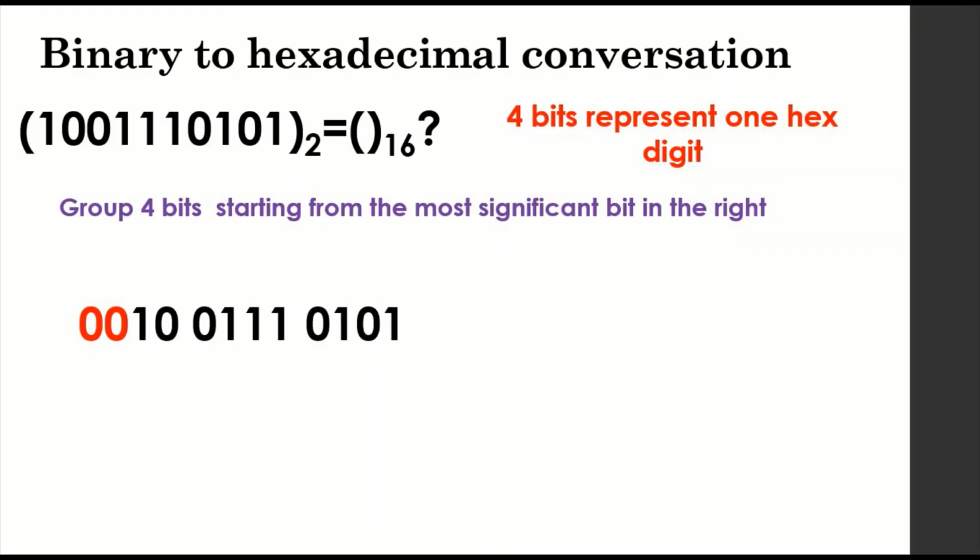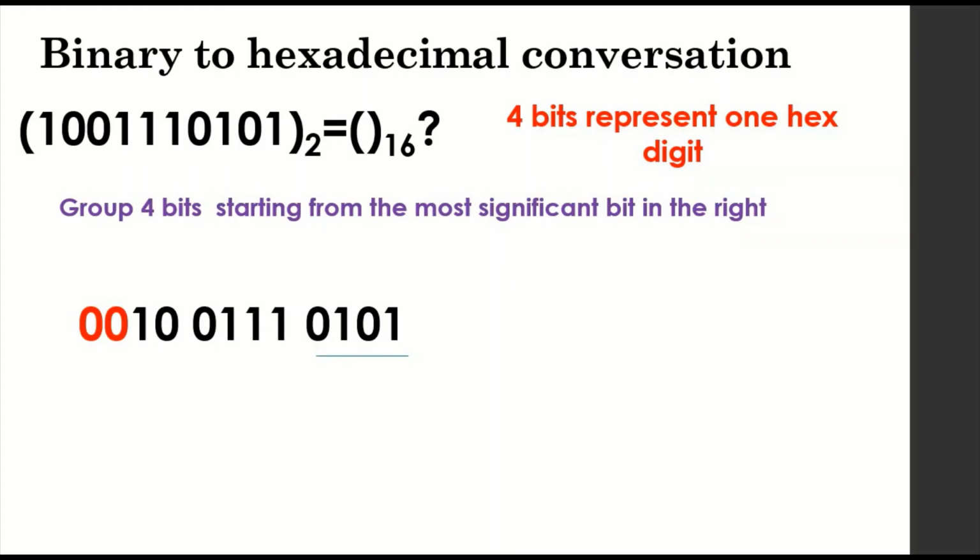When we group 4 bits starting from the right side, you can see the 2 zeros in red. We have added them, but they don't count. They can't add any value to this number. We only added these 2 zeros in red to complete the set, to make it 4 bits for that group.